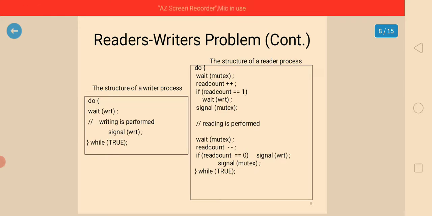Similarly, the structure of the reader process: do, wait(mutex), read count plus plus, if read count equals 1, then wait(wrt), signal(mutex), reading is performed, wait(mutex), read count minus minus, if read count equals 0, then signal(wrt), signal(mutex), end of while loop.